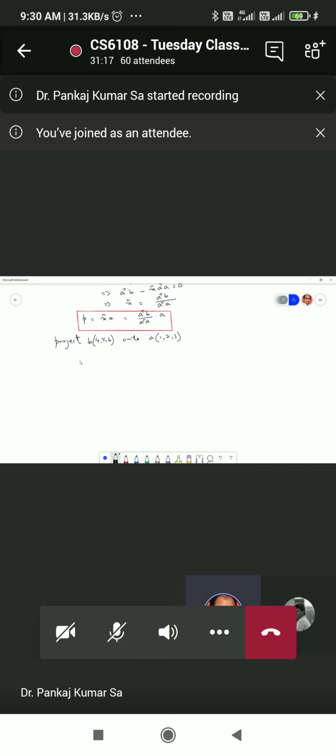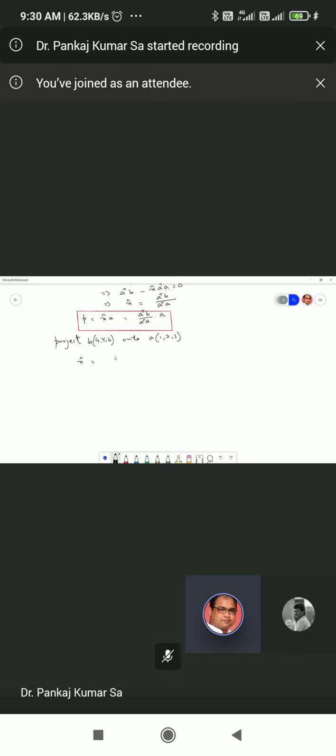First of all, find out what is X cap. X cap is A transpose B divided by A transpose A. So you have A as 1, 2, 3, and B is 4, 5, 6, divided by 1, 2, 3 with 1, 2, 3.